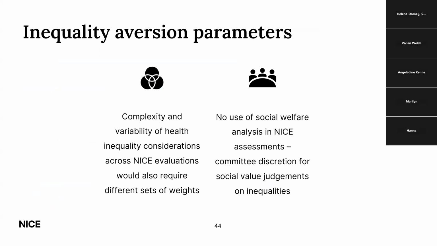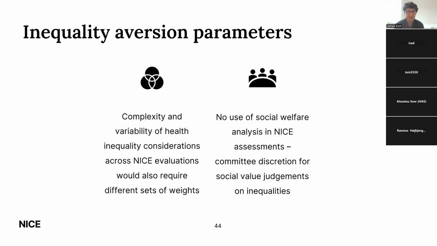I think one important thing to note is that we didn't end up advocating for explicit quantitative weights around inequality consideration. So it's not the case that if an intervention benefits this group by X amount, then we'd be willing to pay this much more for it.